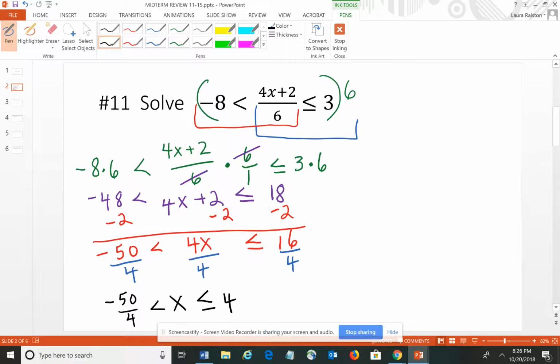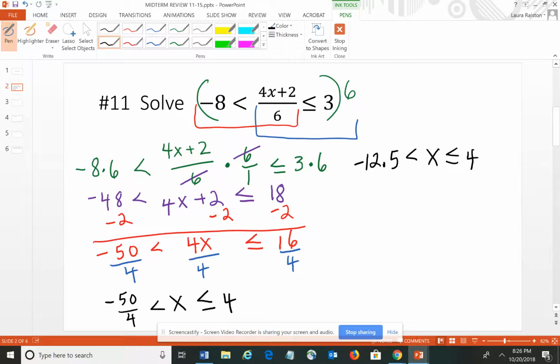Negative 50 fourths in terms of a decimal would be negative 12 and a half, I believe. Let's see. Negative 50 divided by 4 on my calculator, yes. So decimal wise, you would have negative 12.5 is less than x less than or equal to 4.